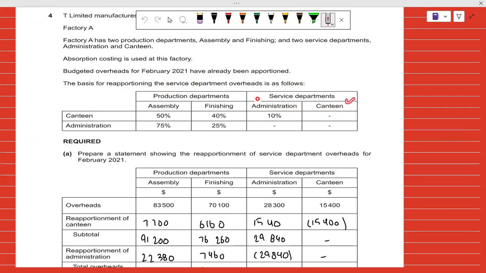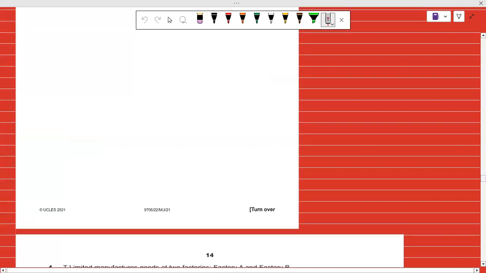First of all, we have to reapportion the canteen's overhead into administration, finishing, and assembly on the basis of their percentages. After that, we will reapportion the administration overheads into the finishing department and assembly department on the basis of their respective percentages. Okay, so let's start our question.